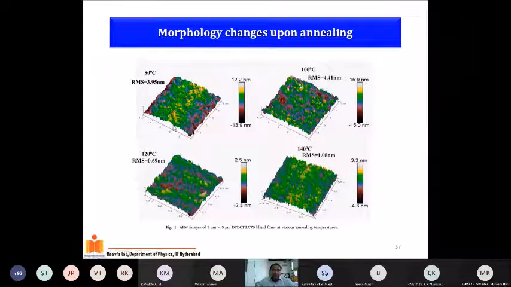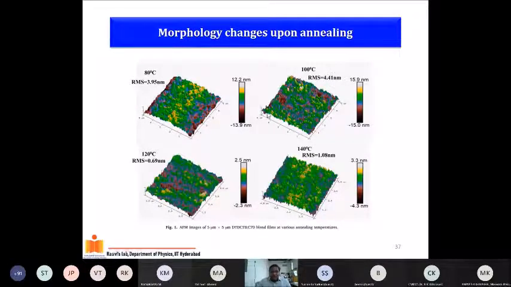you start observing the change in the roughness factor. If you look at it carefully, the roughness factor seems to be the best for 100 degrees compared to 140 and 120. In fact, 120 is very bad. At 180, it has a lot of depth, the morphology shows a lot of valleys compared to the peaks. Here at 140, everything is just molten and it is not at all good.